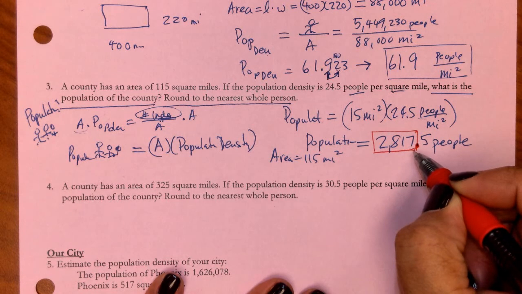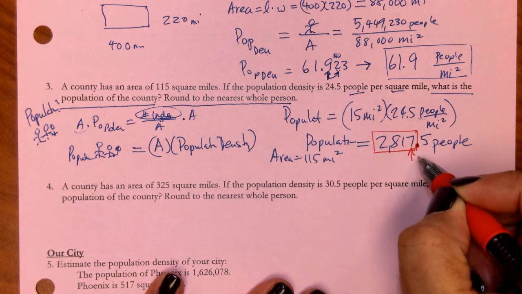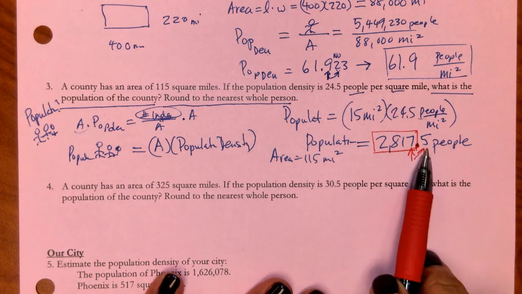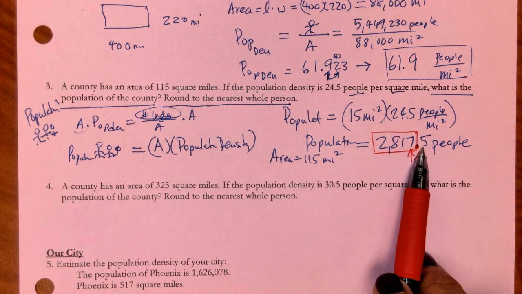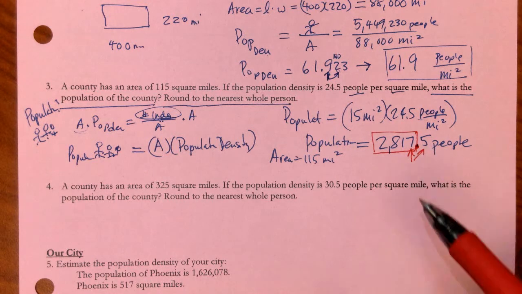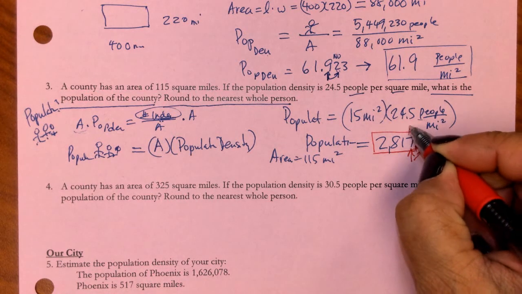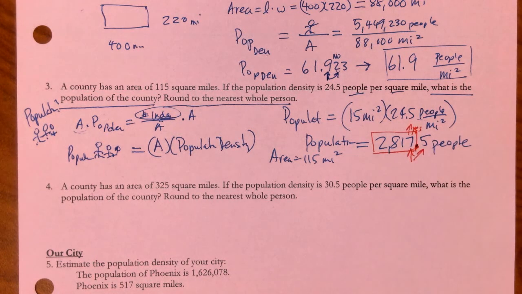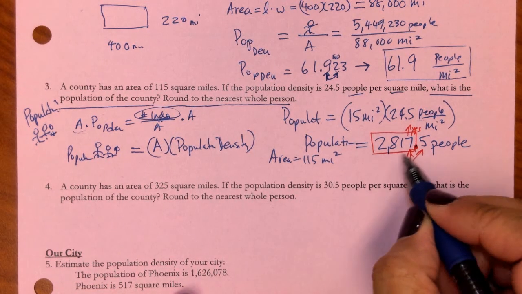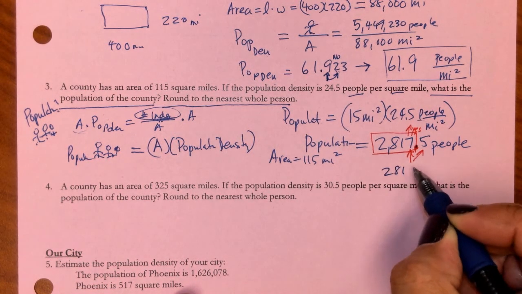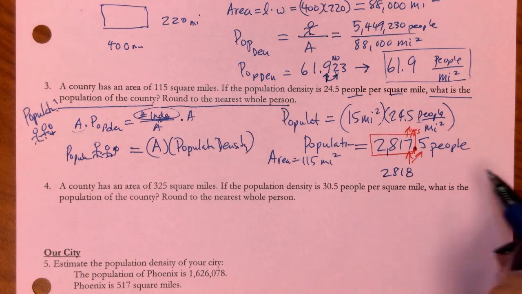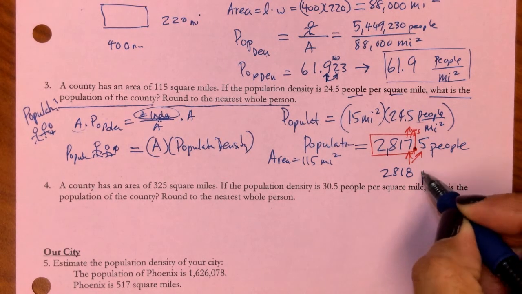Is that a 5 or greater than 5? It's a 5, so this is an up. Yes, we increase it. So your final answer, rounding to the whole number of people, is 2,818 people.